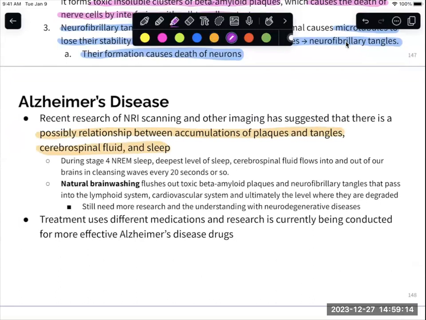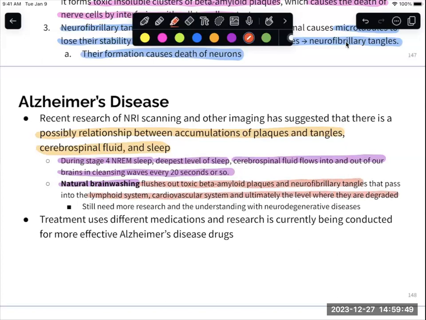I'm going to keep passing them on. During stage 4 of non-REM sleep, which is your deepest level of sleep, cerebrospinal fluid flows into and out of our brain, cleansing it every 20 seconds. It's cleansing everything in there. This is known as neural brainwashing. It's going to flush out these beta amyloid plaques and neurofibrillary tangles and pass them into the lymphatic system and cardiovascular system, where they're eventually going to be broken down.